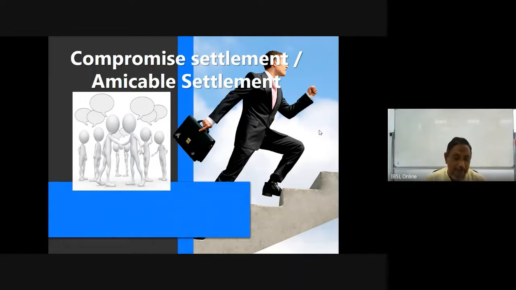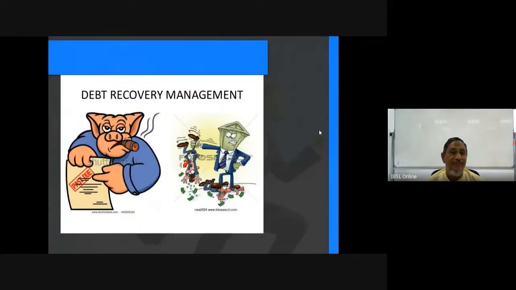When the business fails, and if the market is completely paralyzed, but the customer is willing to come forward for negotiation and collateral or assets are available, the next best option is to go for a compromise settlement or an amicable settlement. Let's see what an amicable settlement is.